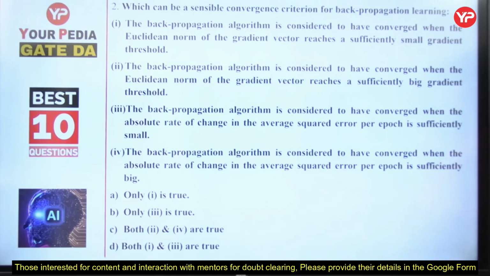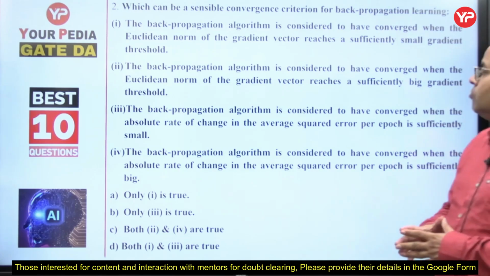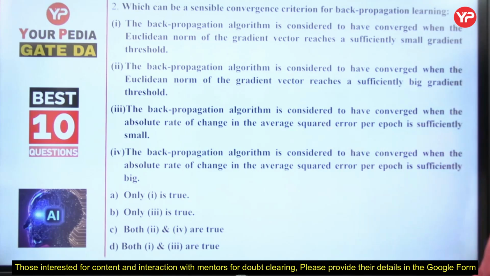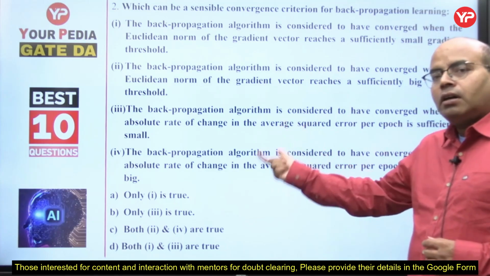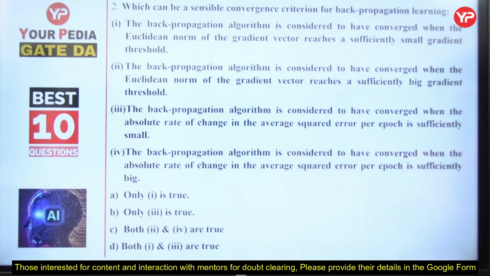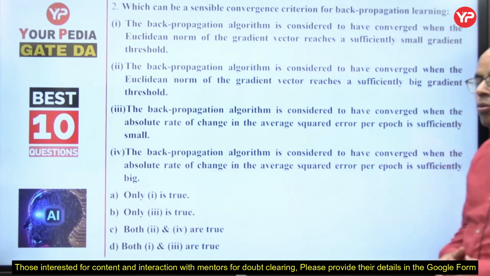Sufficiently big gradient threshold? No, then it won't converge. Converged when the absolute rate of change in the average squared error per epoch is sufficiently small? Yes, when the error has become small, then it has converged. Sufficiently big? No.